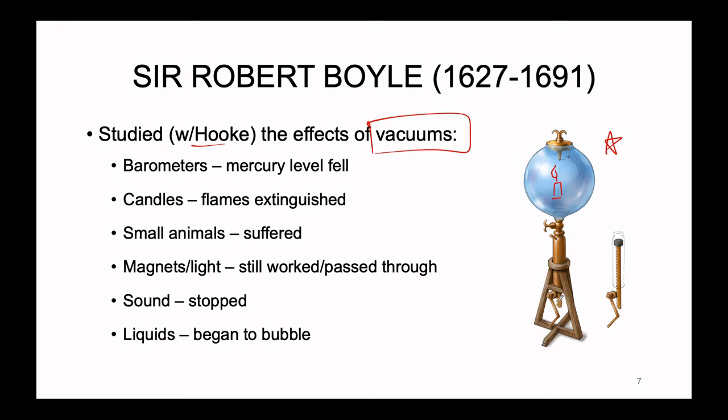And again, his hypotheses were founded on what he understood alchemy to be. For example, both the barometer and the candle, as well as the small animals conversation, are all wrapped up in the same thing. According to the alchemists, there were 4 major elements: fire, earth, air, and water.